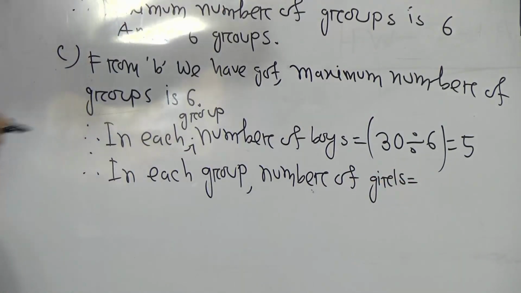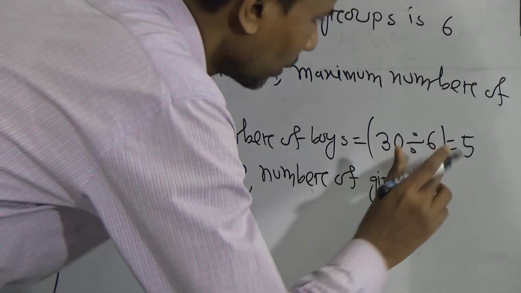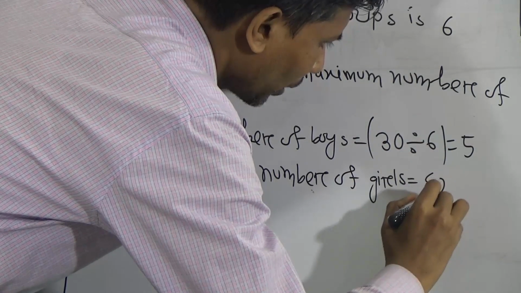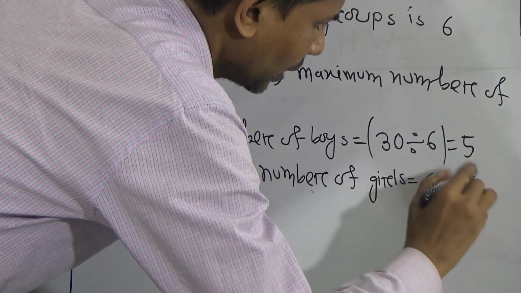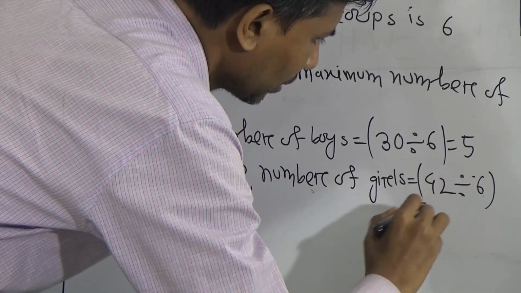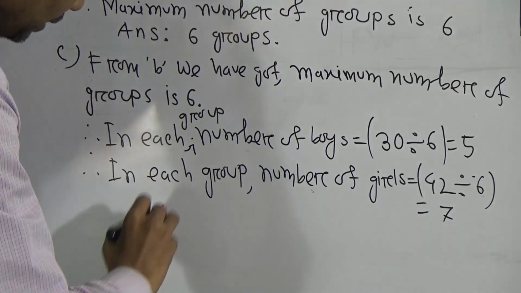Girls in total are 42, so 42 divided by 6 equals 7. Now write the answer.